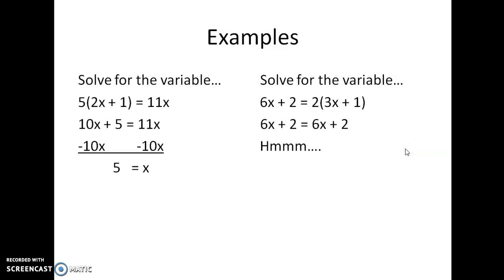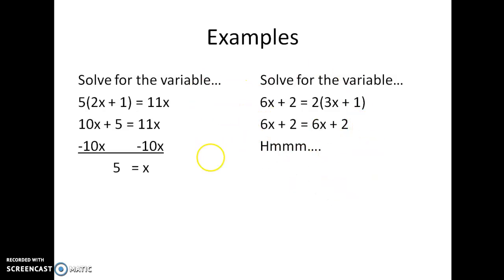Hopefully you're saying, I don't understand what's going on here. They're both the same. So if you were to go to solve this problem, it wouldn't actually really work out. Well, actually it would work out, but because you have the same thing on the left side as you do on the right side, you can't really solve it because any answer would work.